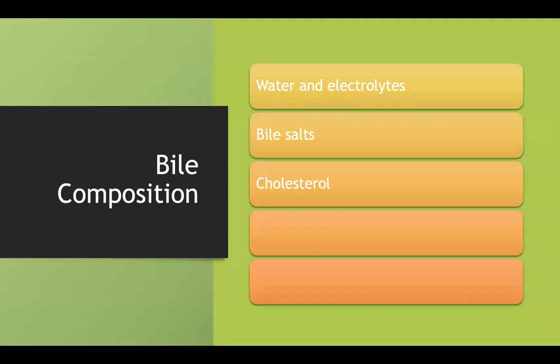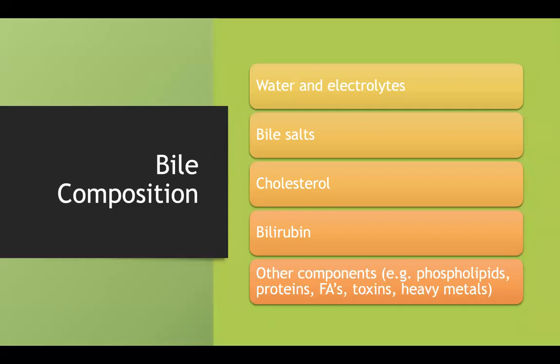But you can also have cholesterol and bilirubin within this, as we've discussed. And there's many other components in bile, more low yield for Step, but I just want you to recognize that bile is a cluster of several important compounds, most notably the water, bile salts, cholesterol, and bilirubin.